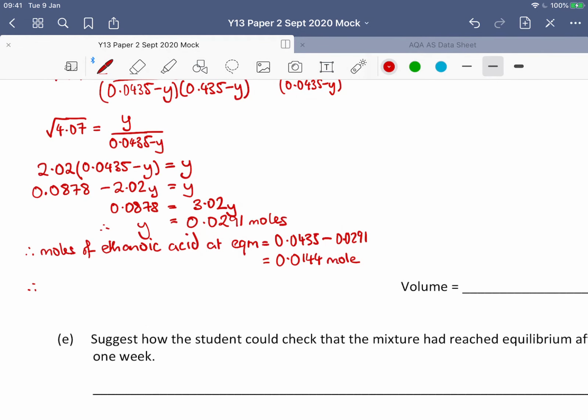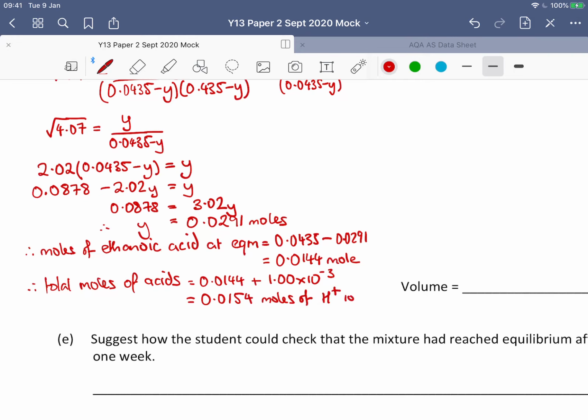So therefore total moles of acids equals our ethanoic acid moles, which is 0.0144, plus our moles of H plus ions from the H2SO4, which is 1.00 times 10 to the minus 3, and that is 0.0154 moles of H plus ions in total.